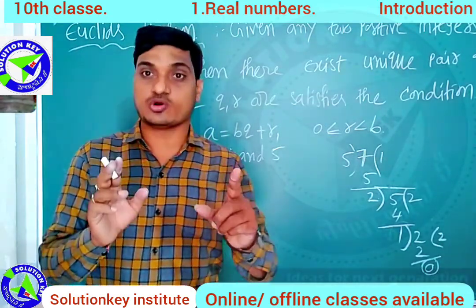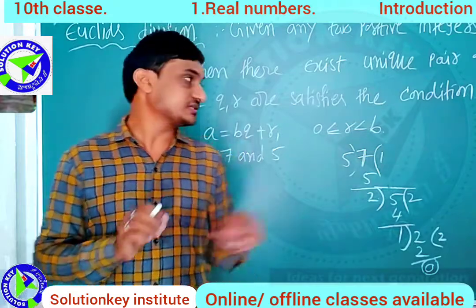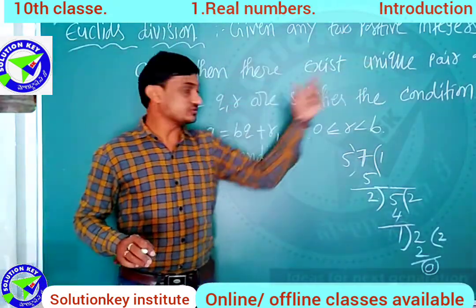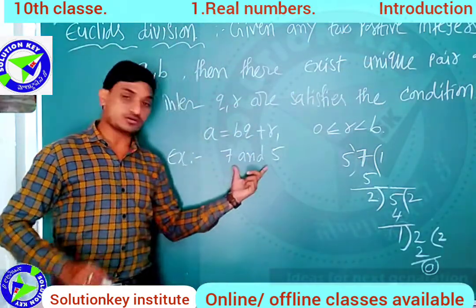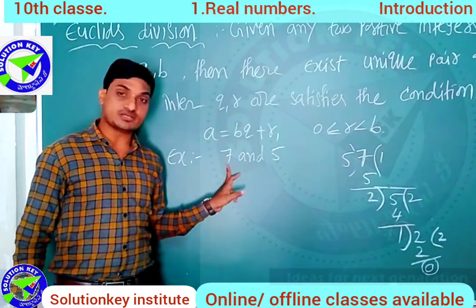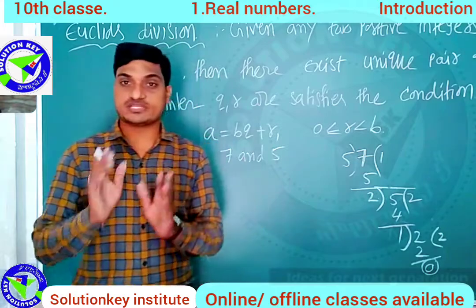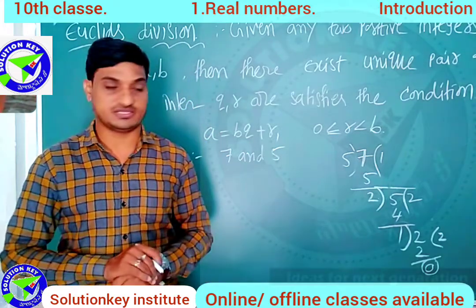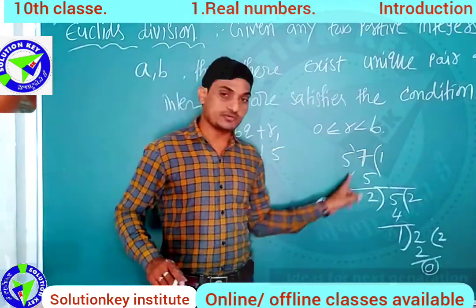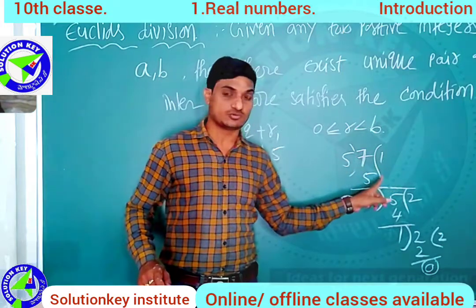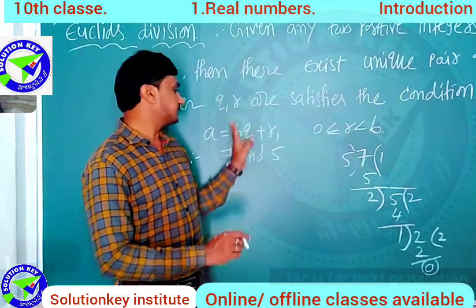That is, only two positive integers. Given any two positive integers a and b, the first number is a and the second number is b. Not just first and second: the biggest one is a, the smallest one is b. And division of these two, until you are getting the condition, is what?